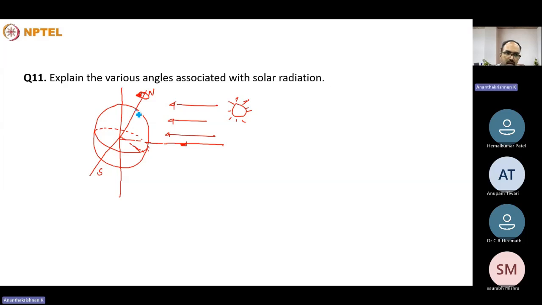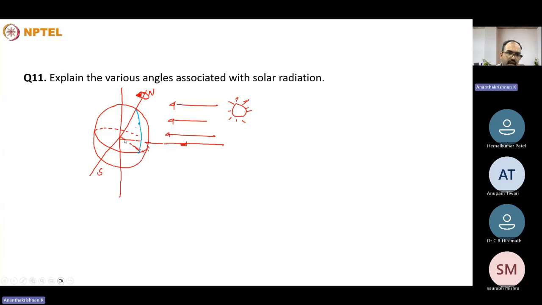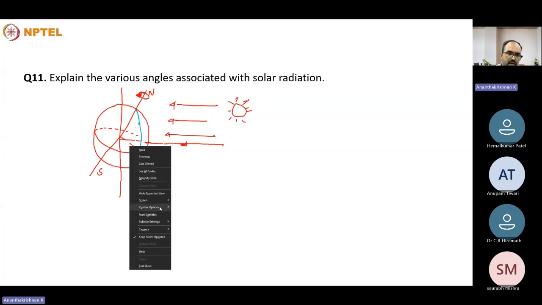It starts from here. Take a location somewhere here, and we will connect it to the center point.